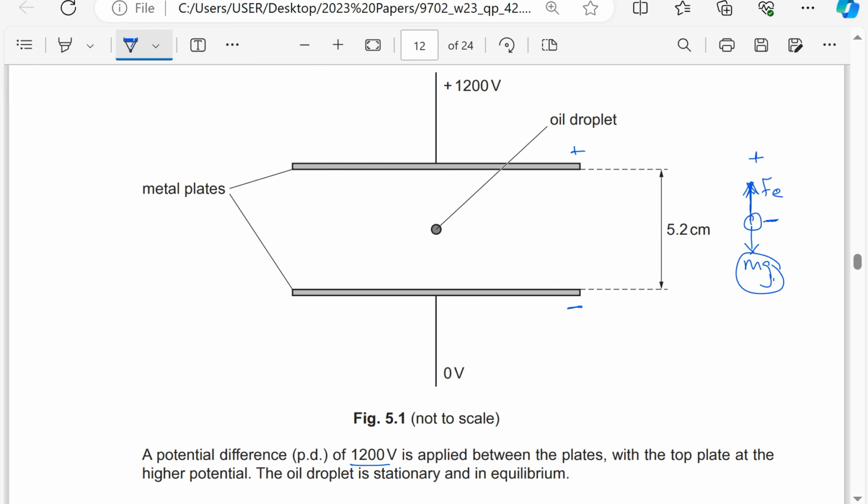So I'll try to make them equally spaced, because this is a uniform field and this points vertically downwards.